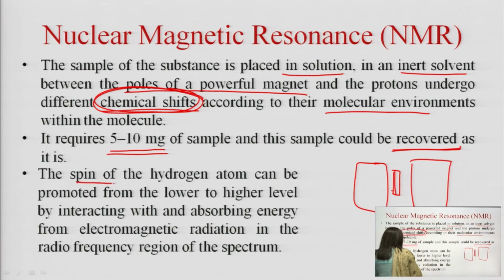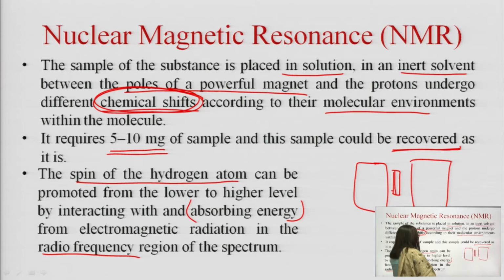The spin of the hydrogen atom can be promoted from a lower to a higher level by absorbing energy from electromagnetic radiation in the radio frequency region of the spectrum. So, let us have a look again: the spin of the hydrogen atom can be promoted from a lower to a higher level by absorbing energy from electromagnetic radiation.